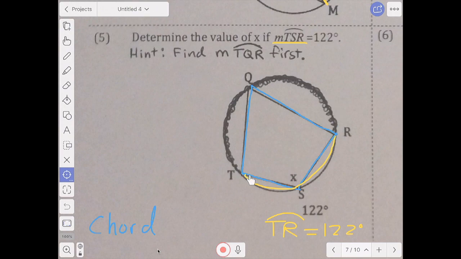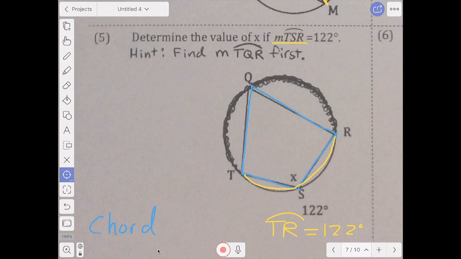I guess this is the minority of a circle, not the majority of a circle. So if they just told me TR, I would guess that was going this way. But for clarification, sometimes they add a 3rd letter to help you decide which way the arc is traveling on the circle.